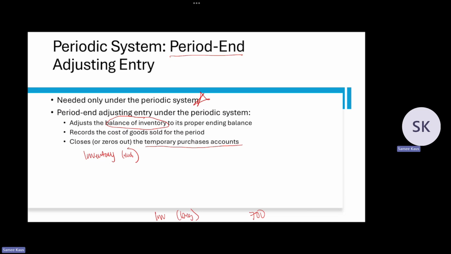The reason that I do that is because I need to perform an inventory count. And that inventory count is going to tell me how much is in my account. So this again is going to be given based on a physical count of inventory.